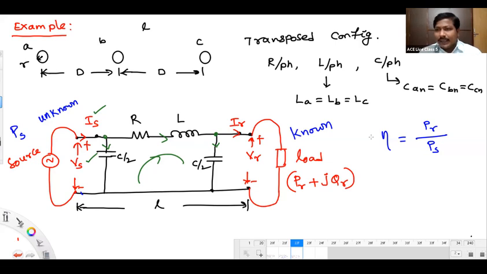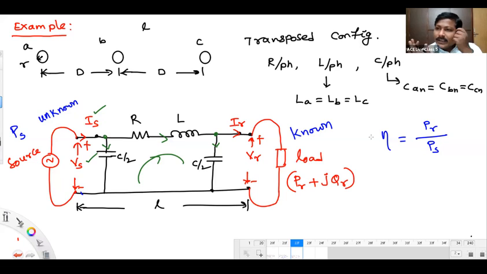My interest is to tell you that whenever the load is changed, I should come back to the network and apply KVL and KCL in order to get the values of VS and IS in each and every variation. This is a laborious process. All of you getting my words?